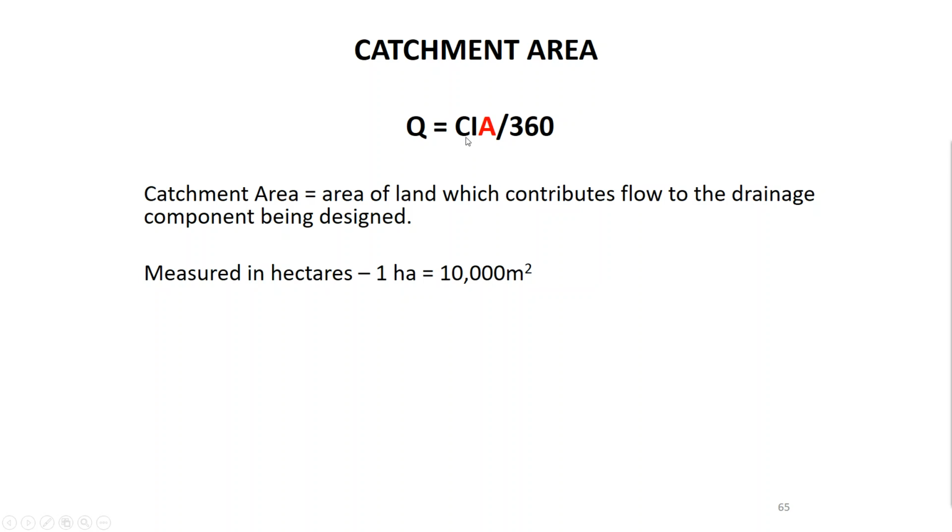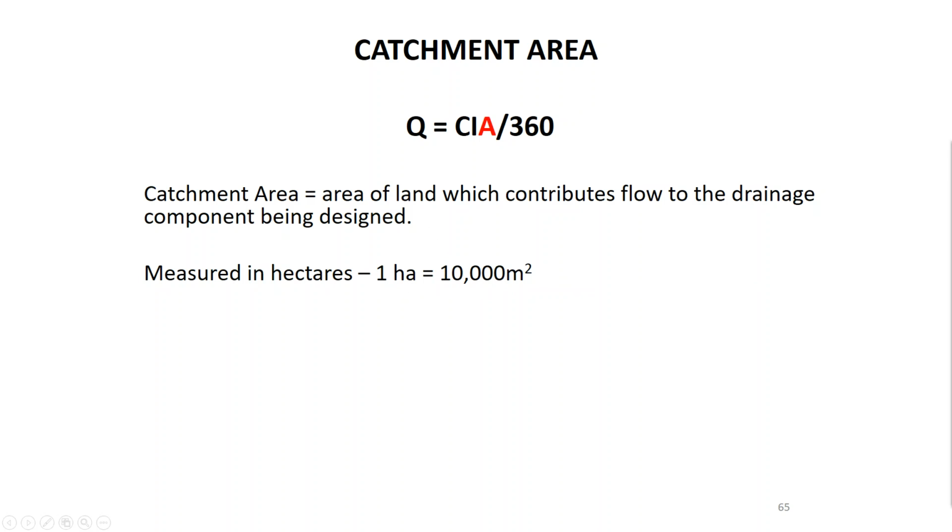And then the C corrects it for the amount of water that's going to infiltrate into the ground, versus what is actually going to be runoff and enter your stormwater system. So it's quite a simple formula, and it's easily understood. Once again, the catchment area we measure in hectares.